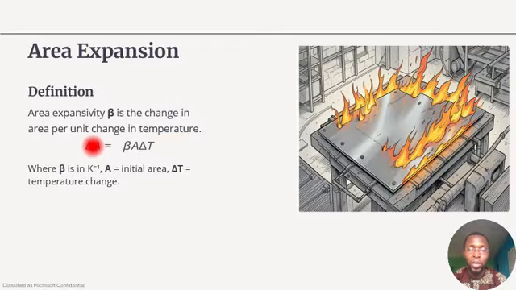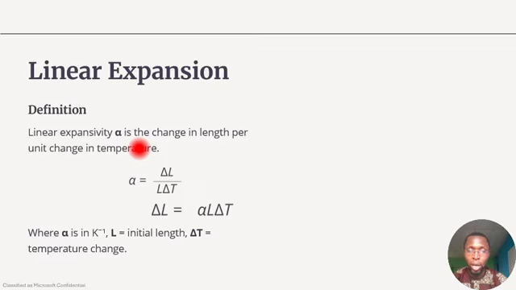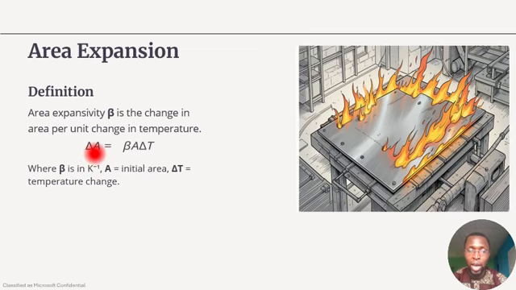So wherever we see L, we put A. That's just the difference. The previous one was delta L equal to alpha L delta T. But for area, wherever we see L, we put A. It's going to be delta A equal to, instead of alpha, beta, because we are dealing with area expansivity: beta A delta T. That's the difference.